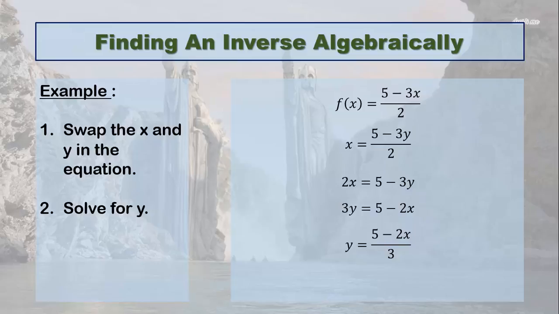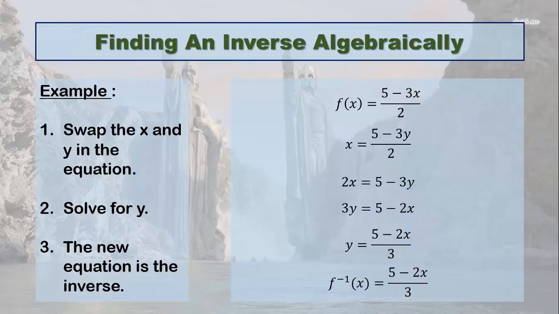Alright, so now I have it as y equals, and that is the equation of the inverse. So I rewrite it, f inverse equals 5 minus 2x all over 3. Pretty simple stuff, would you not agree?